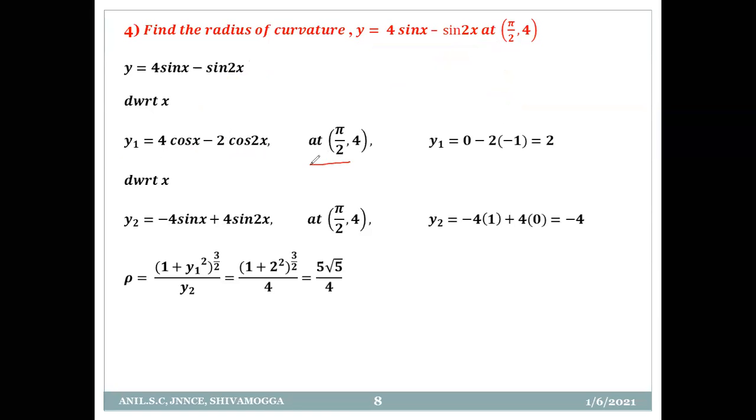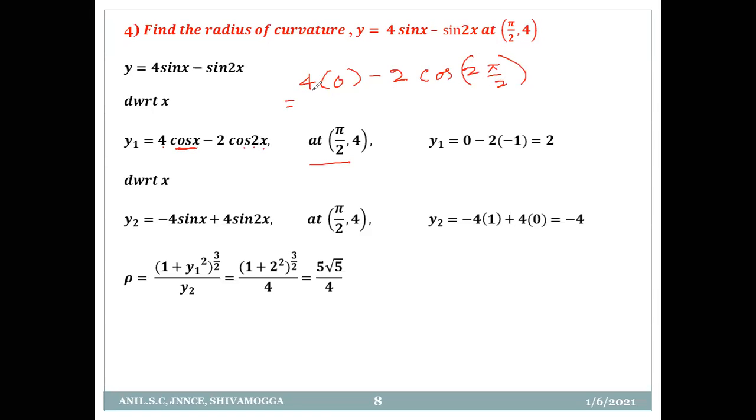At (pi by 2, 4), 4 into cos pi by 2. What is cos pi by 2? 0, right. Minus 2 into cos 2 pi by 2.